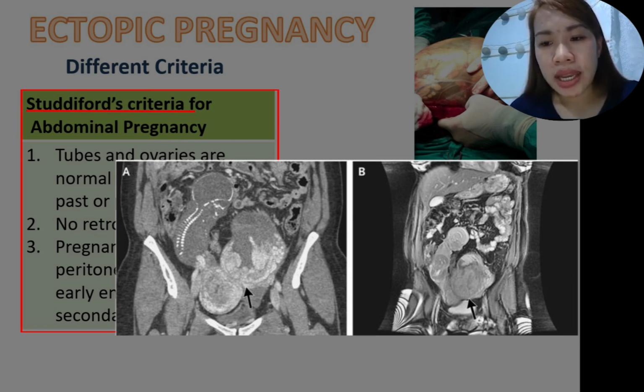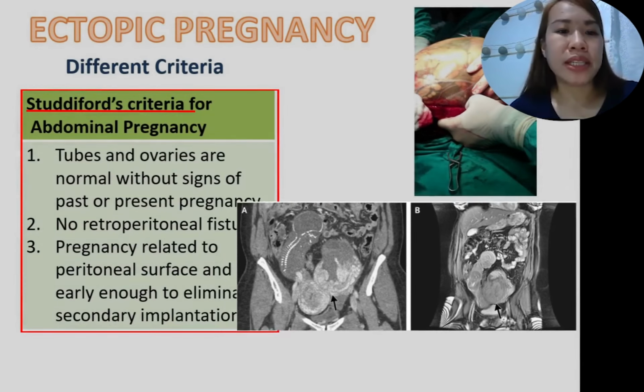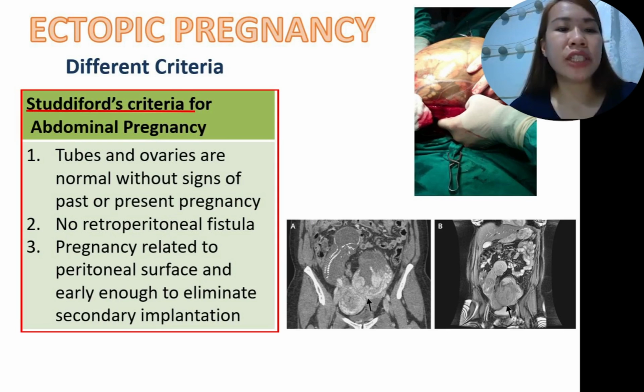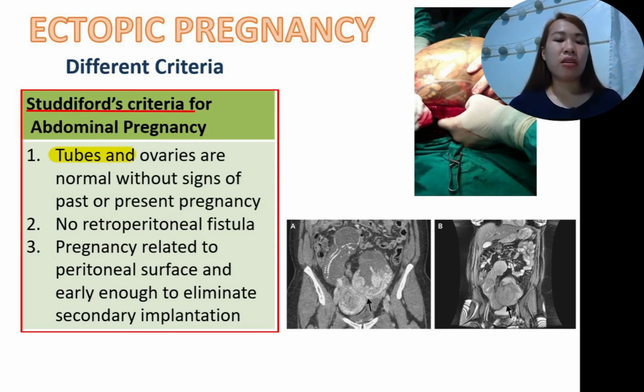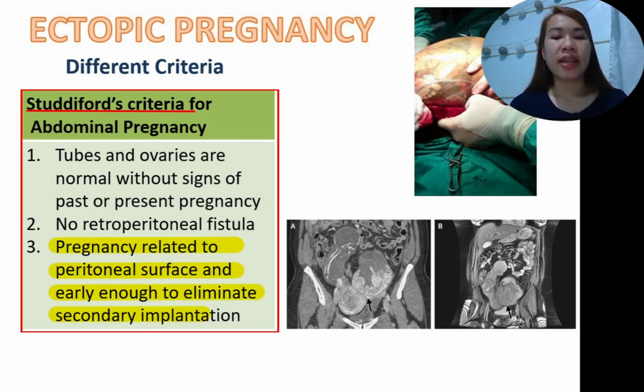So it is an abdominal ectopic pregnancy. So the criteria is called Studiford's criteria, wherein the tubes and ovaries are normal without signs of past or present pregnancy. There is no retroperitoneal fistula and the pregnancy is related to the peritoneal surface and early enough to eliminate secondary implantation.